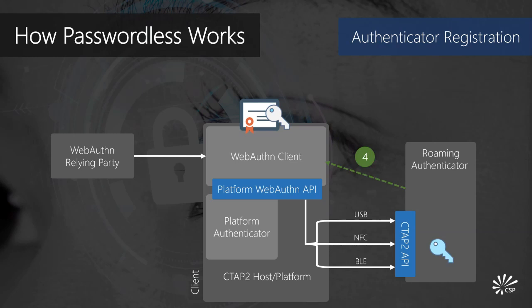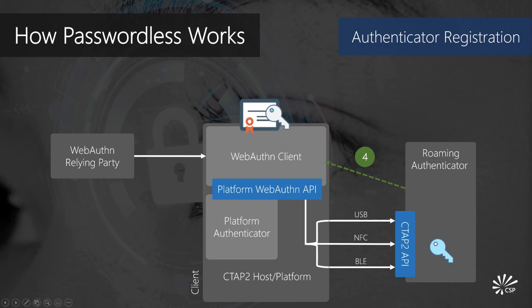And when I say authenticator, and I'll be using that term quite a bit, the authenticator is that FIDO2 key. It is the Windows Hello, the TPM chip in the laptop, or the Microsoft Authenticator app. The authenticator is just that device that's storing the passwordless credential.